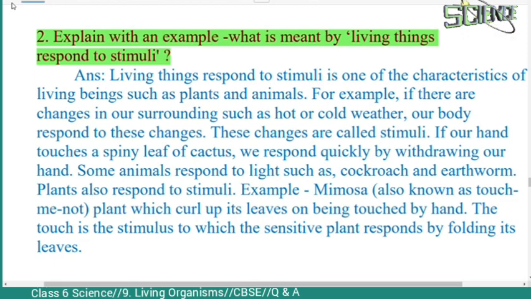Example, mimosa, also known as touch me not plant, which curls up its leaves on being touched by hand. The touch is the stimulus to which the sensitive plant responds by folding its leaves.